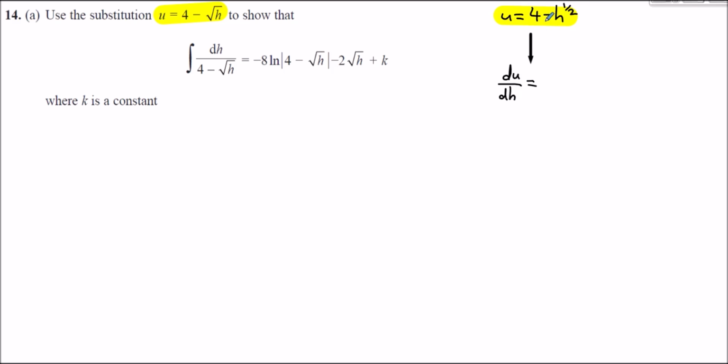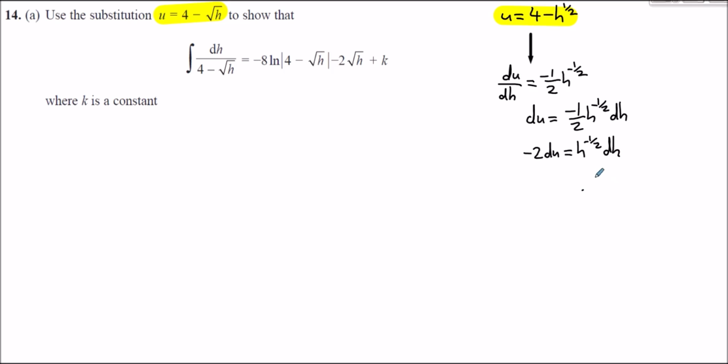The 4 will obviously disappear. That half will come to the front, so I'm going to get minus 1/2 h, then the half will decrease in power by 1, so a half minus 1 is minus 1/2. If I now multiply both sides by dh, I get that du equals minus 1/2 h to the negative 1/2 dh. If I now multiply by -2, I get negative 2 du equals h to the -1/2 dh.